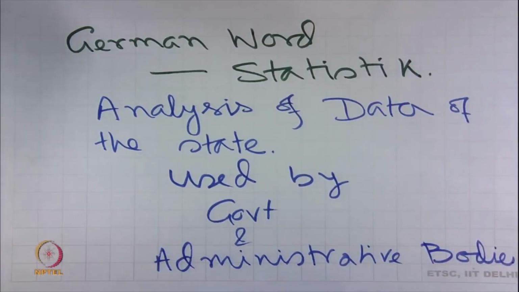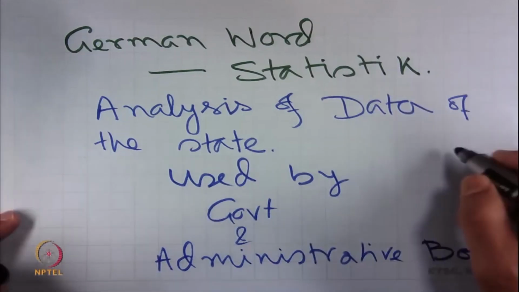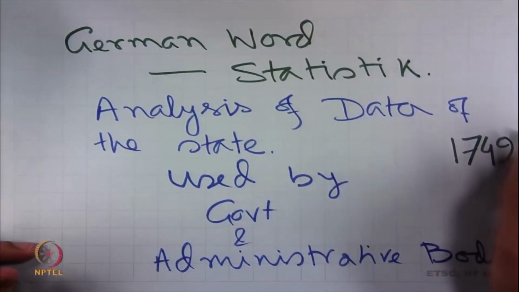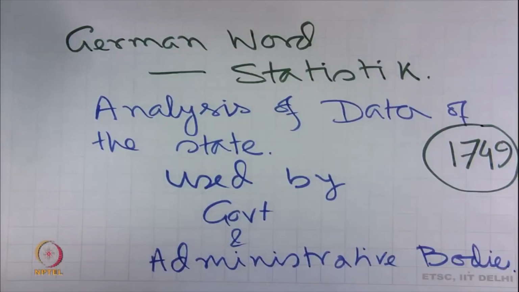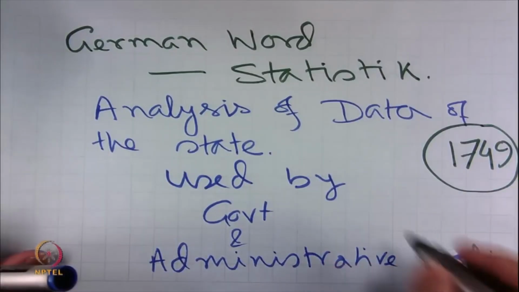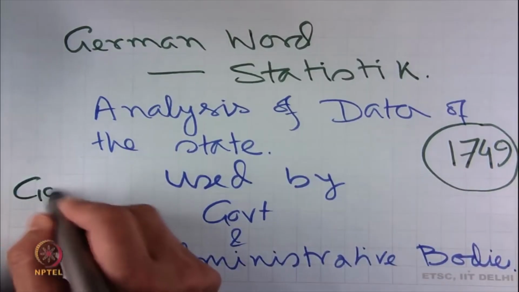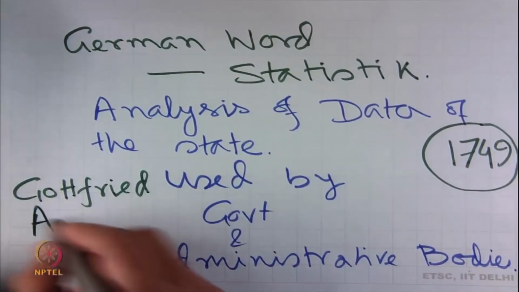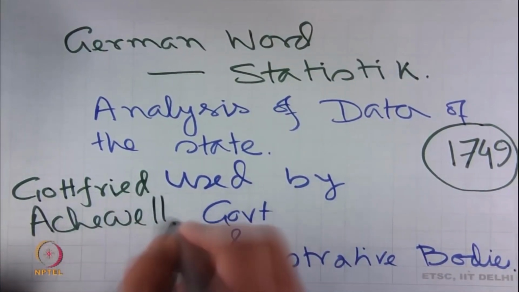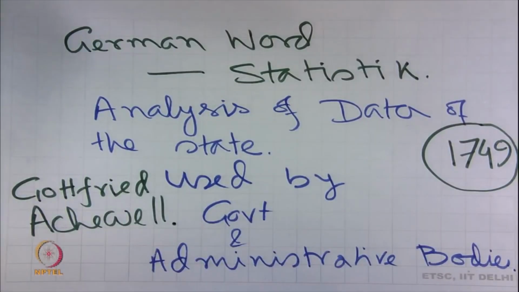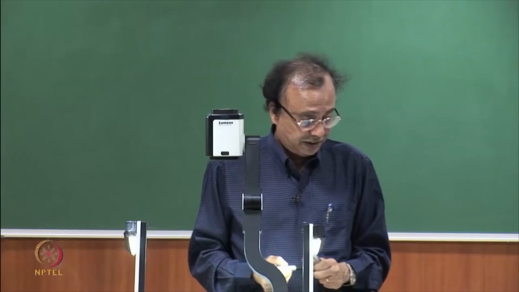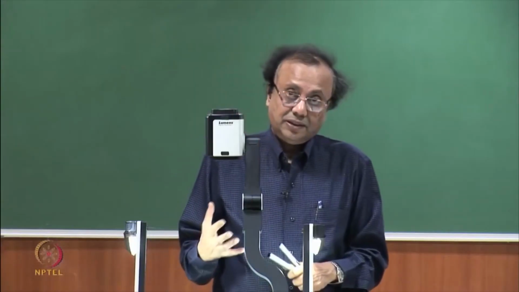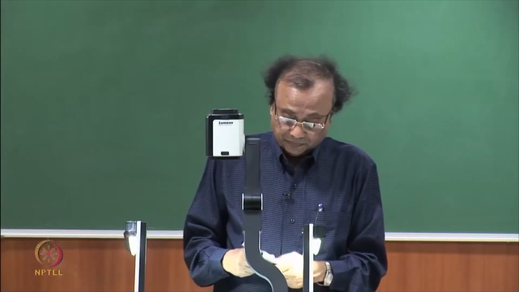So, that was around middle of the 18th century. In particular, it is around 1749, and the term was coined by Gottfried. So, it is more than 250 years old that the term statistic or something related to that one, that is in vogue.